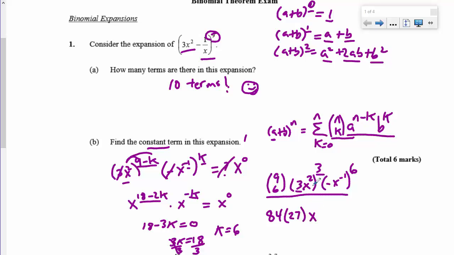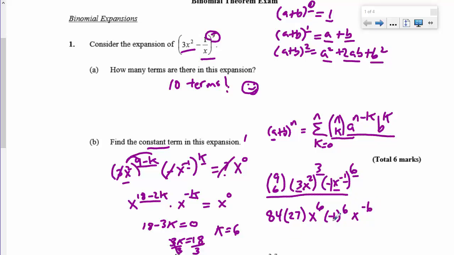And then we got x to the power of 2 times 3, which is 6. And then we got a negative 1 raised to the power of 6, and then x to the power of negative 1 times 6, which is x to the power of negative 6.